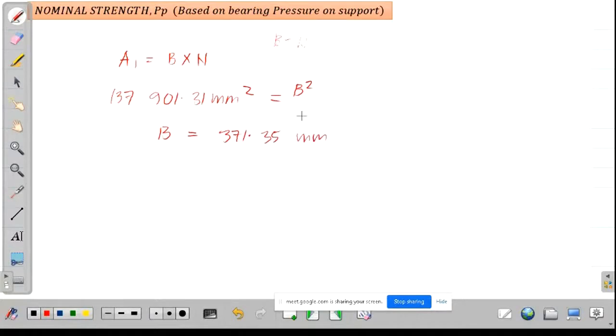So kindly check. Correct, ma'am. Okay. So, ito yung base natin, square tayo, so yung N din natin is equal to this value. So, yan yung magiging dimension natin for our base plate.